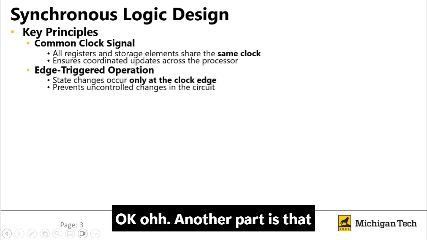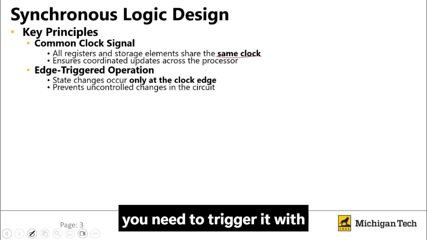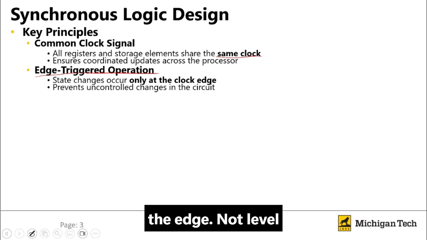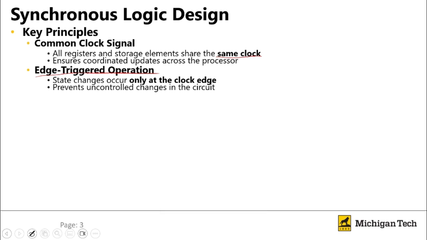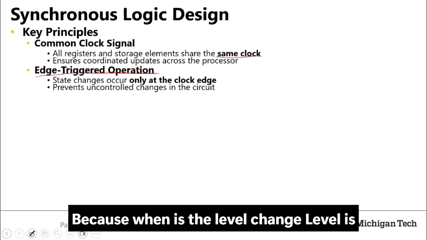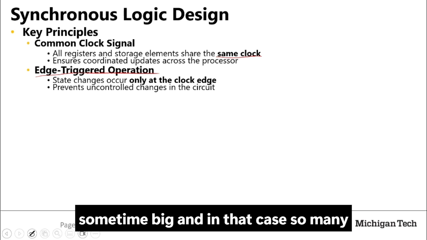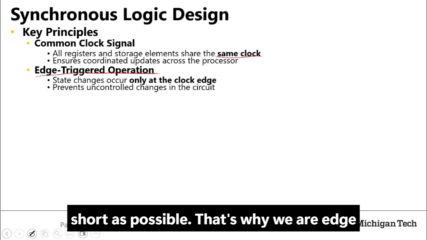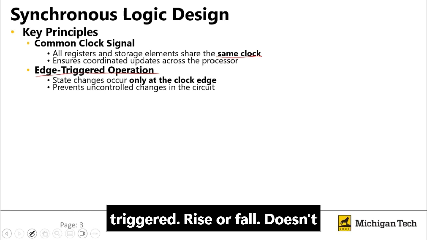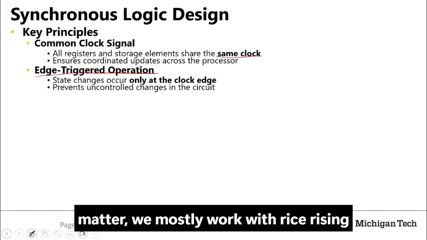Another part is that you need to trigger it with the edge, not the level anymore, to make it more controllable, more stable. Because when the level changes, the level is sometimes long, and in that case, so many things can happen. You need to make it as short as possible. That's why we are edge triggered, rise or fall. Doesn't matter. We mostly work with the rising edge.